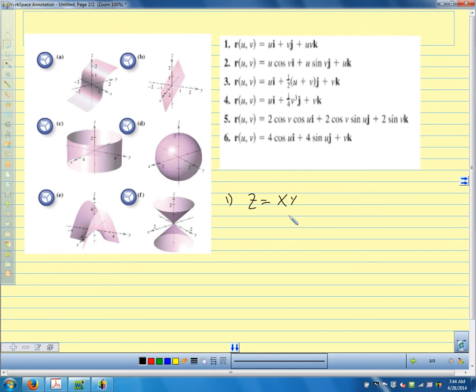Is it a line? Z equals 2. So what if we looked in the xy plane, we have xy equals a constant. X times y equals a constant.